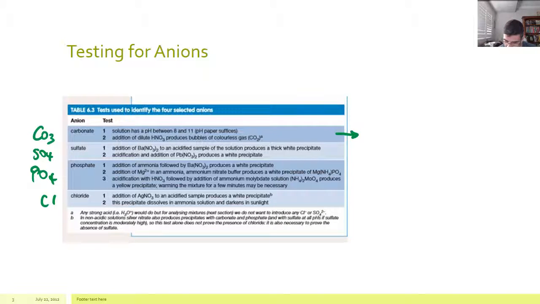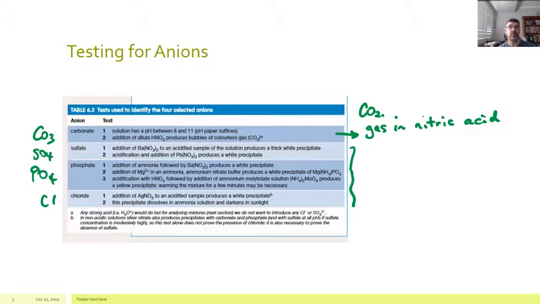Firstly, probably most importantly that we want to look at is the carbonate ion, because of the 3 of these, the carbonate ion is the only one that is going to produce a gas in nitric acid. And that gas is going to be carbon dioxide. It's the only one that produces a gas, and we use nitric acid.